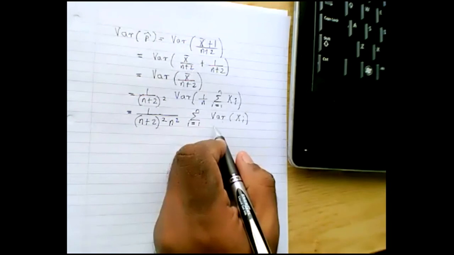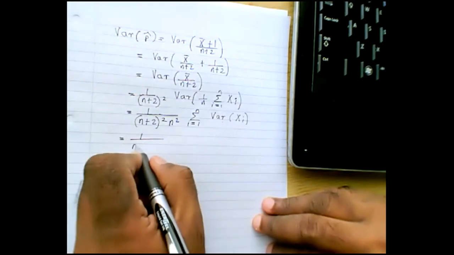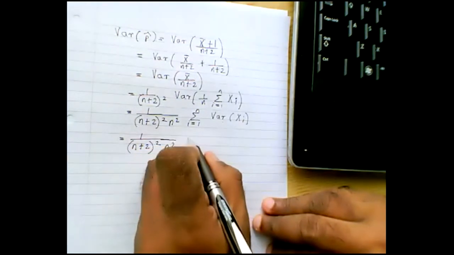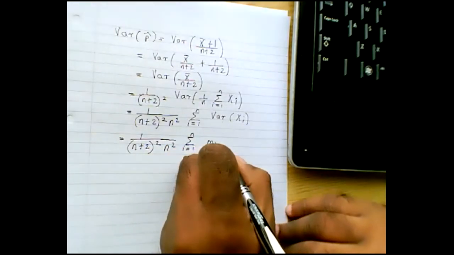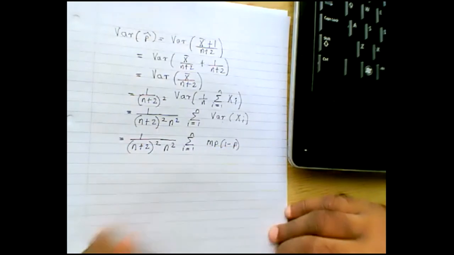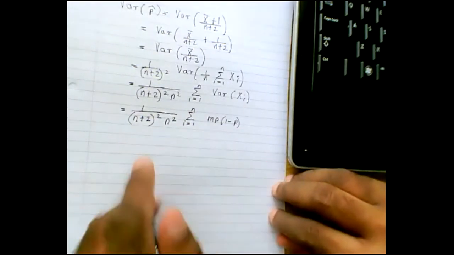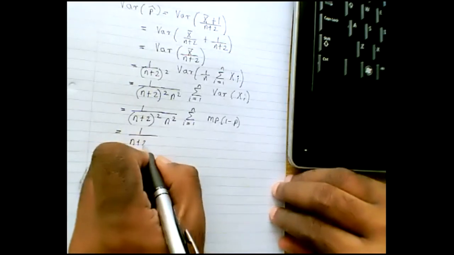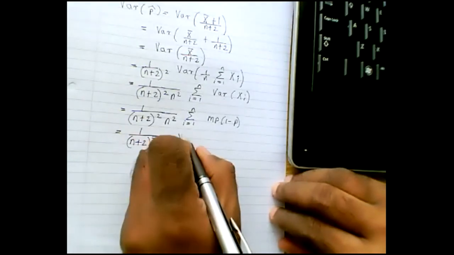Now, I'm sure you know that the variance of a binomial is, come on guys, you should know this, right? The variance of a binomial random variable is np times 1 minus p. Now this is a constant with respect to i. All right. So what you have is multiplied by n.